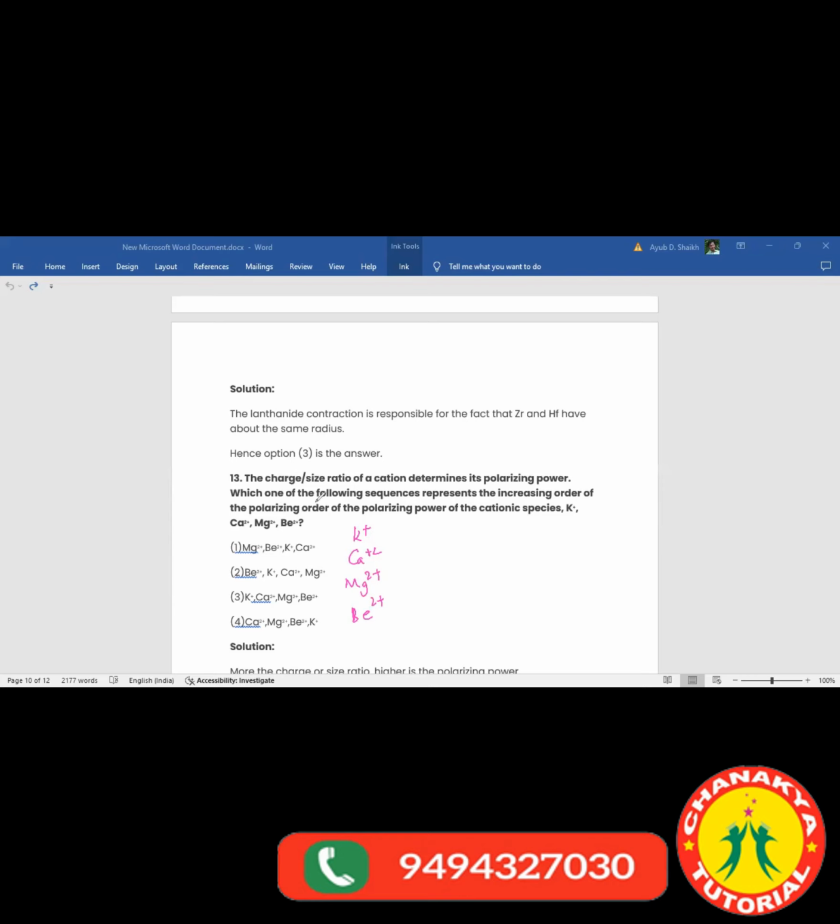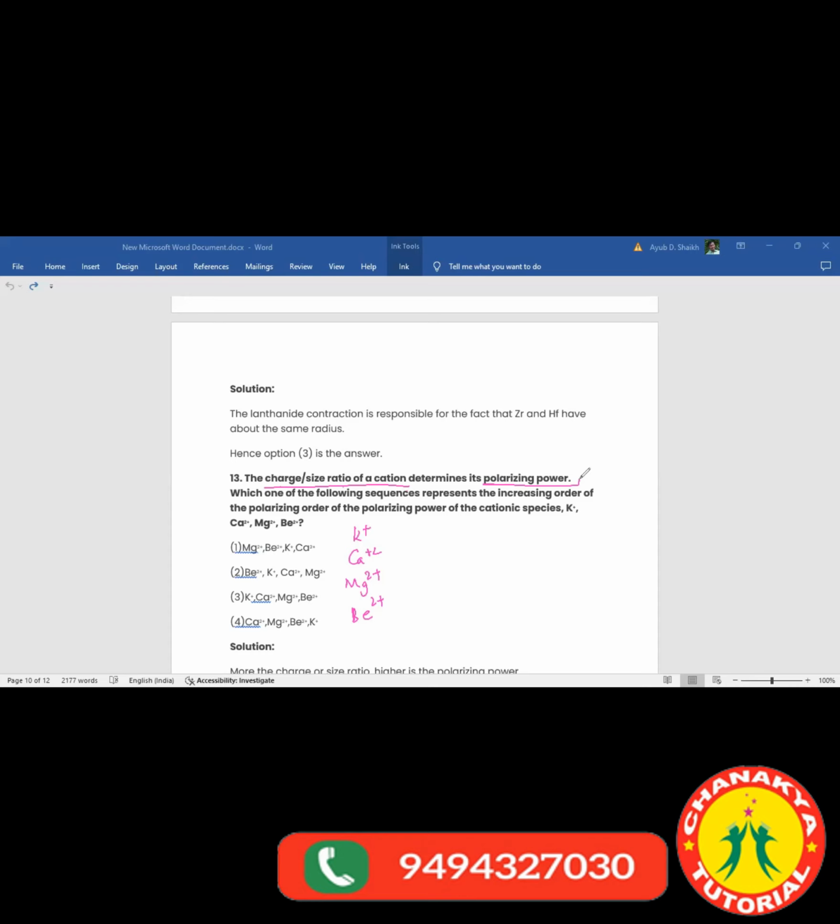Correct? They give you the charge to size ratio of a cation. The charge and size ratio of a cation determines what? Its polarizing power. Means they already gave you a hint how you have to check it. Which one of the following sequences represents the increasing order of the polarizing power of cationic species?